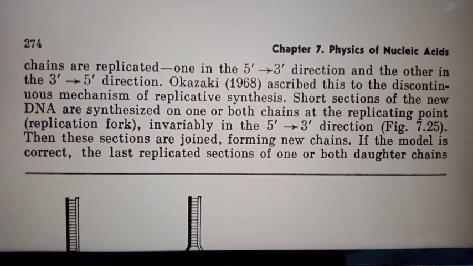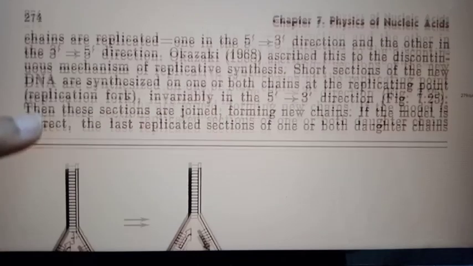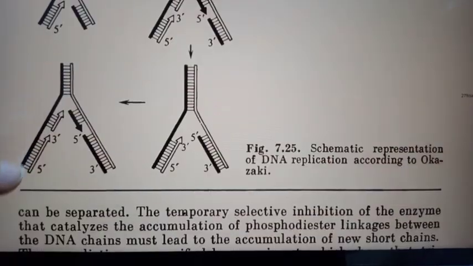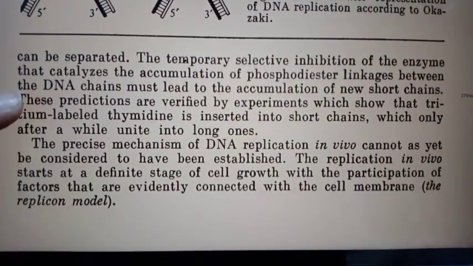If the model is correct, the last replicated section of one or both daughter chains can be separated. The temporary selective inhibition of the enzyme that catalyzes the formation of phosphodiester linkages between the DNA chains must lead to the accumulation of new short chains.